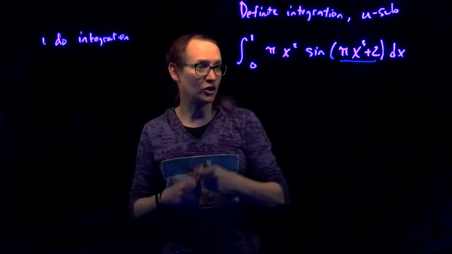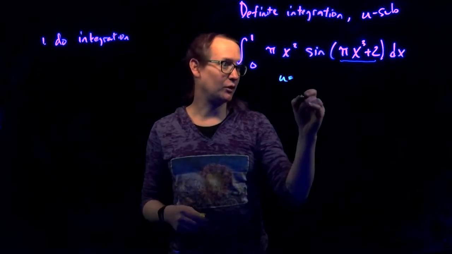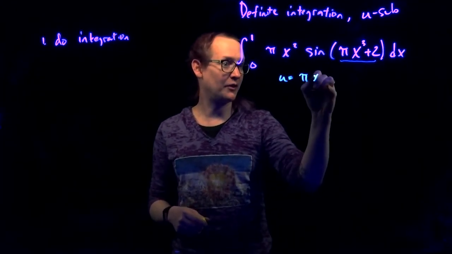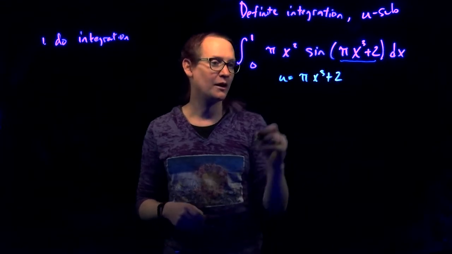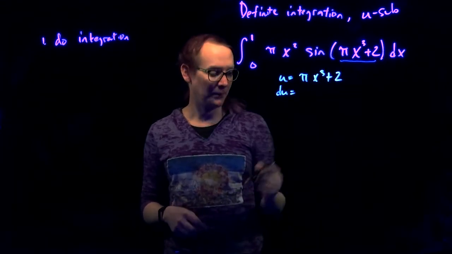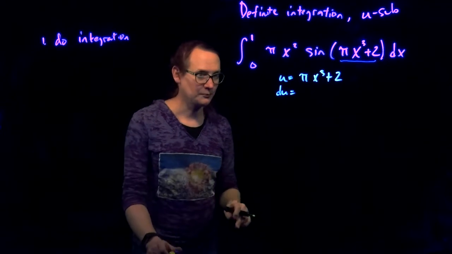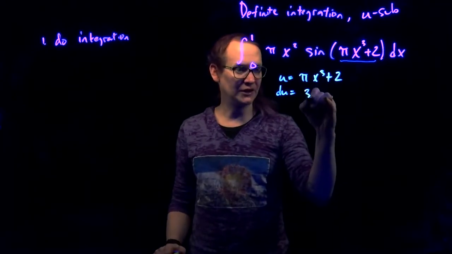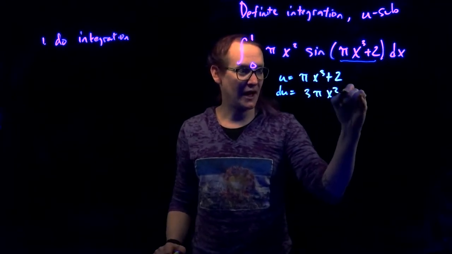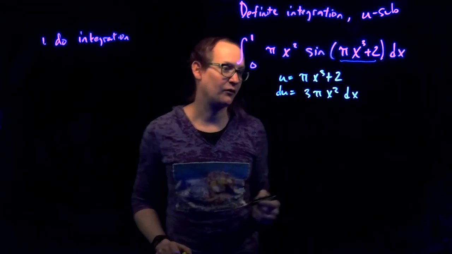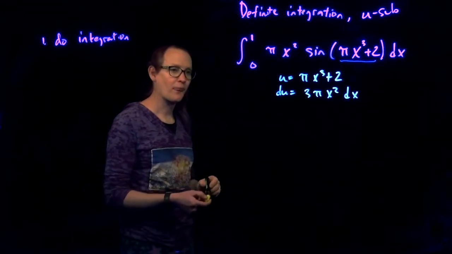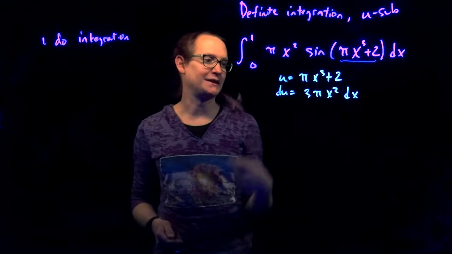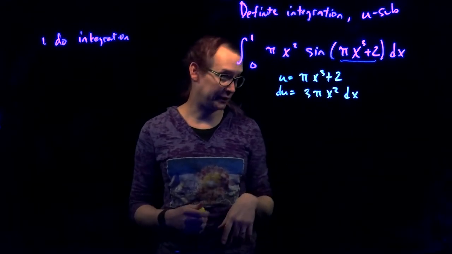So I'm going to let u equal pi times x cubed plus 2, which means that du is equal to 3 times pi times x squared dx. So I just take the derivative and then I attach a dx onto the outside.